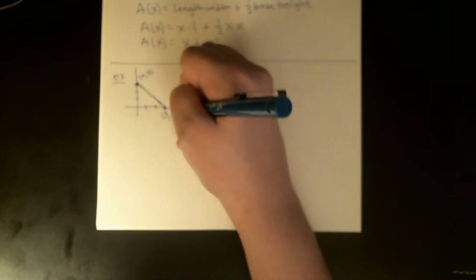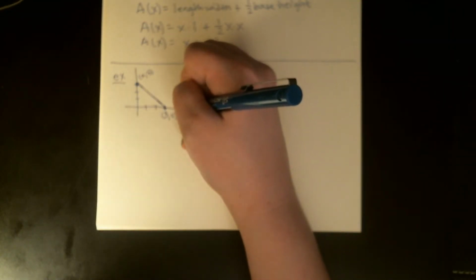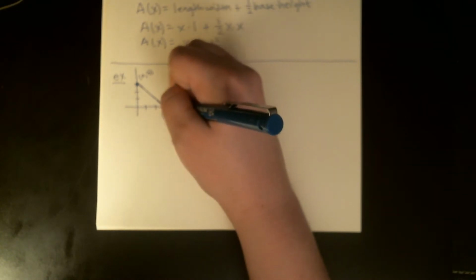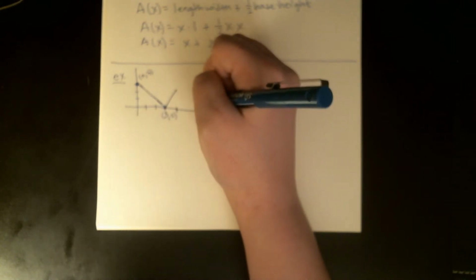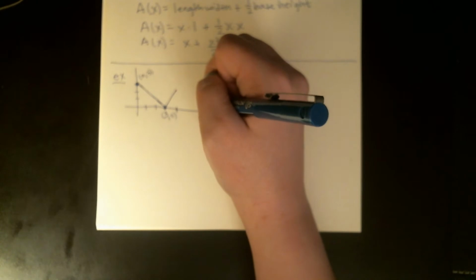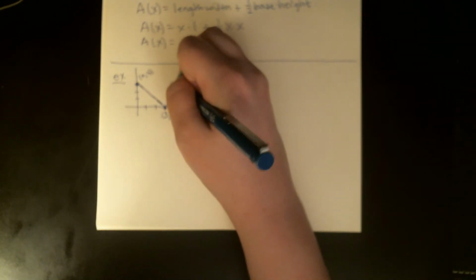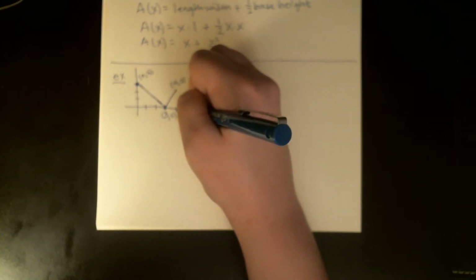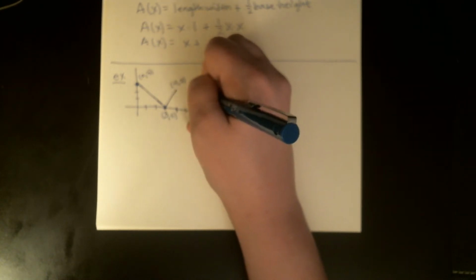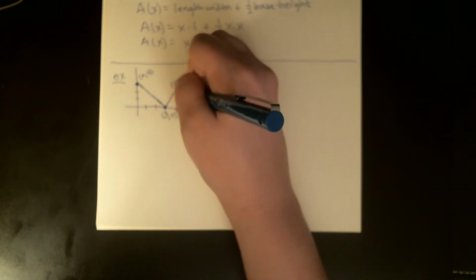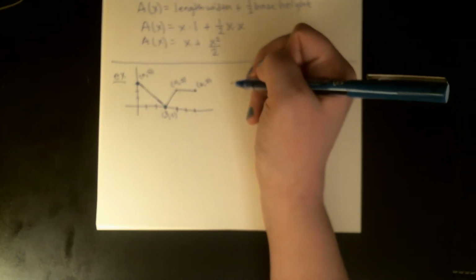It then shoots back up to the point 4, 2, and is then horizontal from 4, 2 all the way to 6, 2. So this is 4, 2. This is 6, 2. Okay, so this is my function.